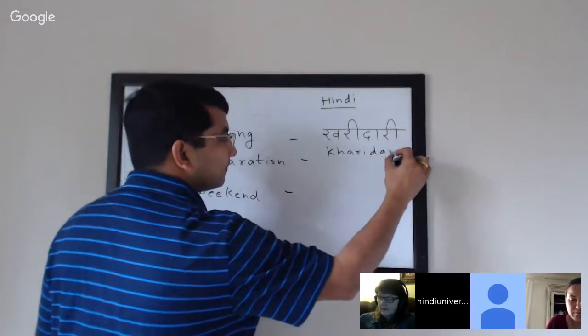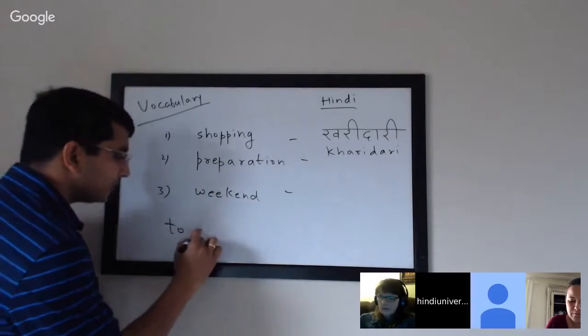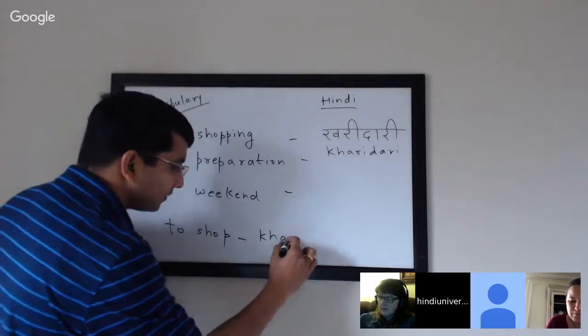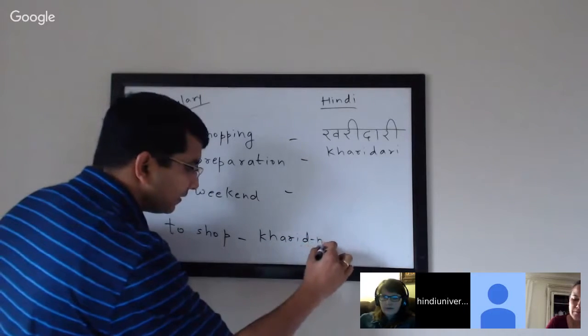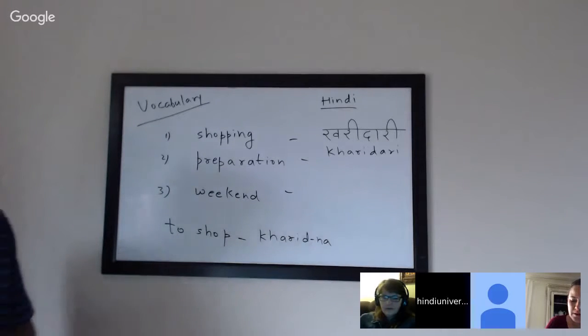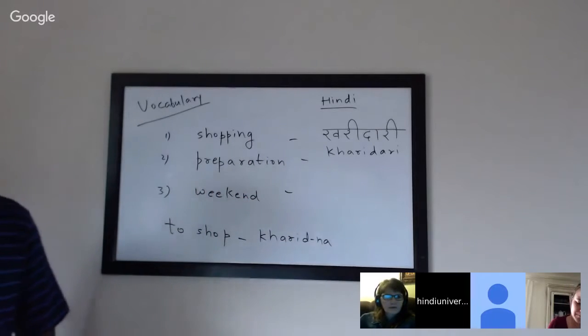To shop, if you're saying it as a verb, it's kharidna: kharid, and then na. If you're saying it as the act of doing this, it's kharidari.